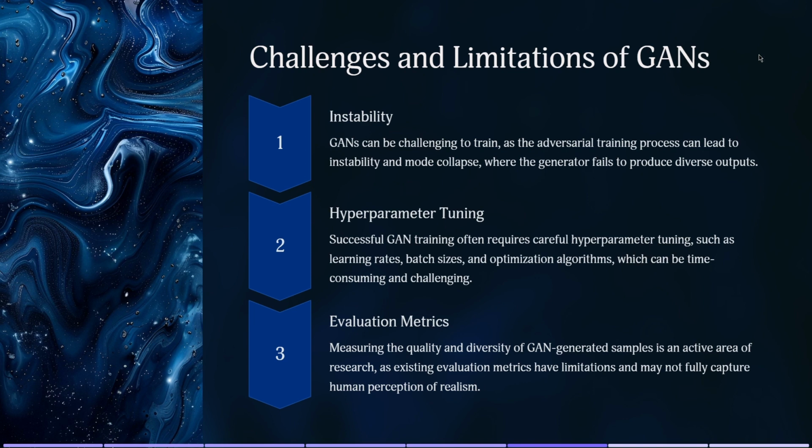Evaluation metrics. Measuring the quality and diversity of GAN generated samples is an active area of research, and existing evaluation metrics have limitations and may not fully capture human perception of realism.